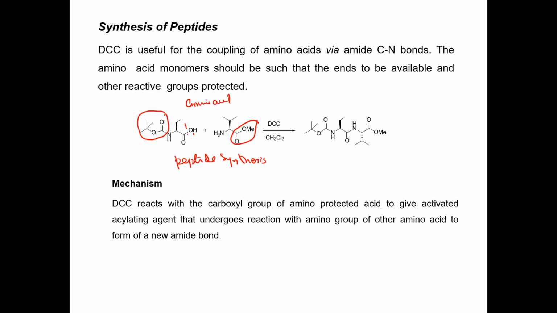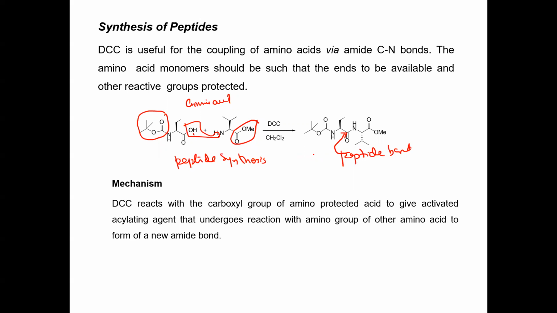The OH here and the H can combine together to form a peptide bond. For forming the peptide bond, the HOH should go out. That means water should go out. Then only is there bond formation between the N and CO.